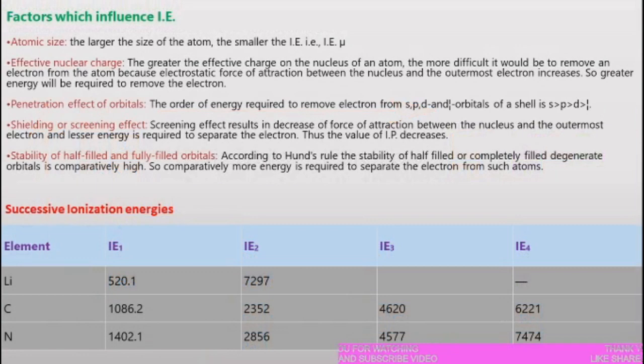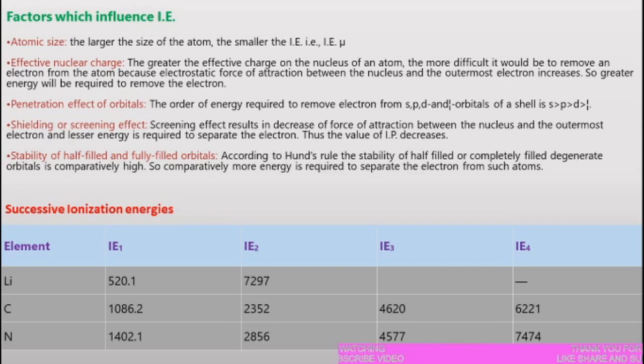Now we see the next point, effective nuclear charge. The greater the effective nuclear charge on the nucleus of an atom, the more difficult it will be to remove an electron from the atom, because the electrostatic force of attraction between the nucleus and the outermost electron increases. So greater energy will be required to remove the electron. Now we see the penetration effect of orbitals.